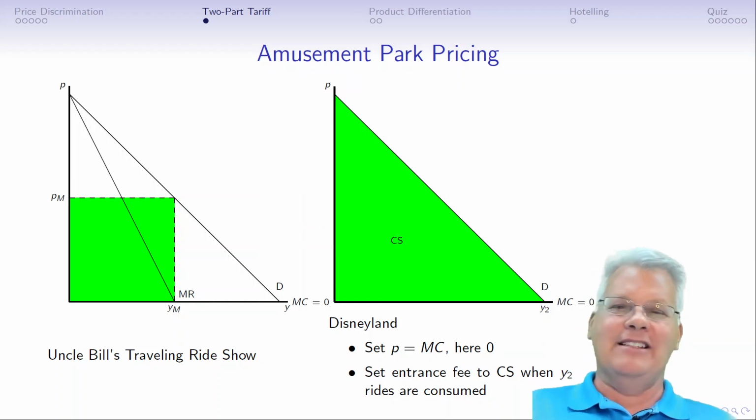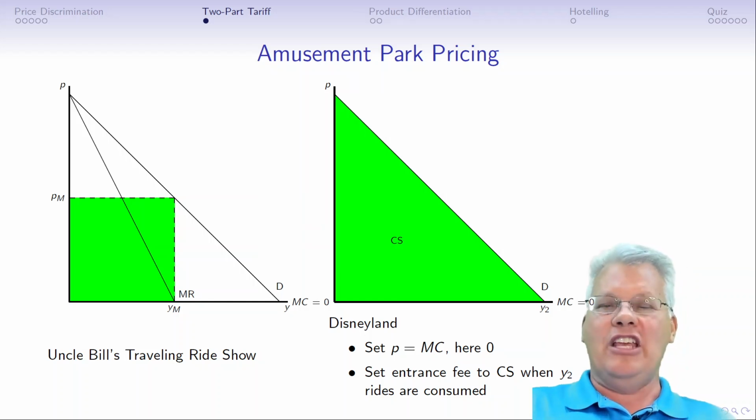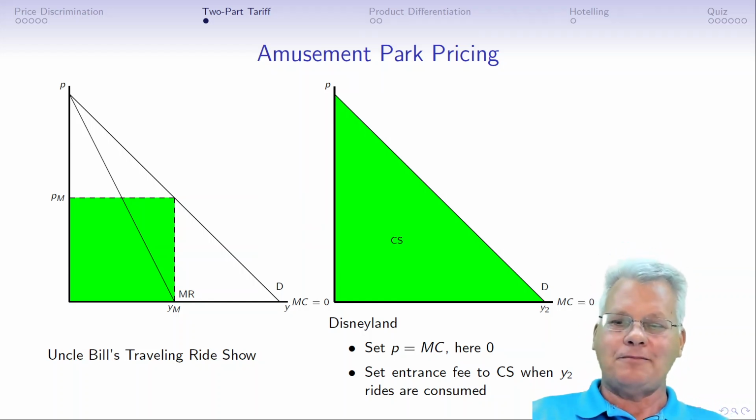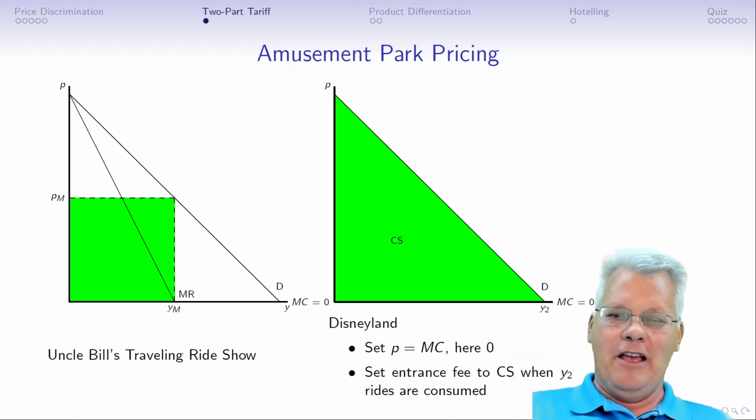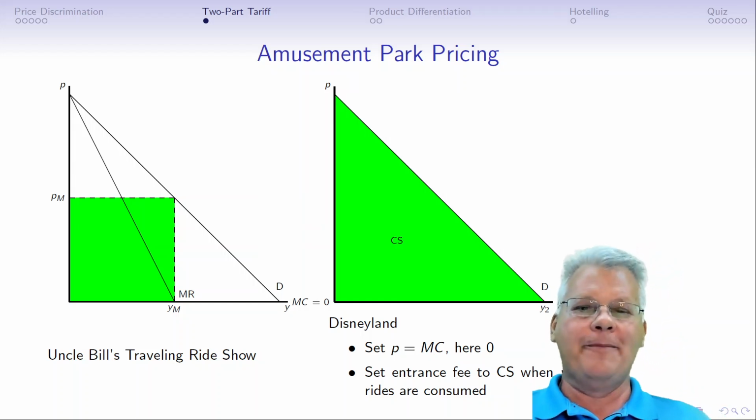if he prices as a monopolist, he should basically charge the monopoly price. So he charges P sub M, he sells Q sub M rides, revenue given by the green square on the left.